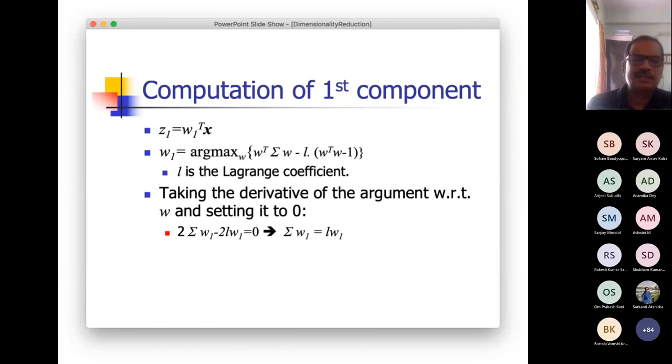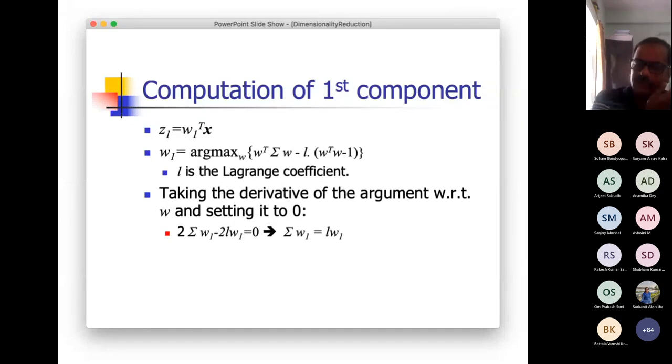All this is very interesting, and you may observe a very strong similarity between differentiation for a single-dimensional variable and for multidimensional variables. They are the matrix representations. So the derivative of W transpose sigma W is 2 sigma W, and the derivative of W transpose W is 2W.